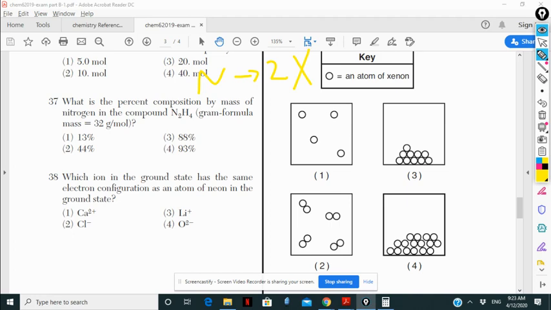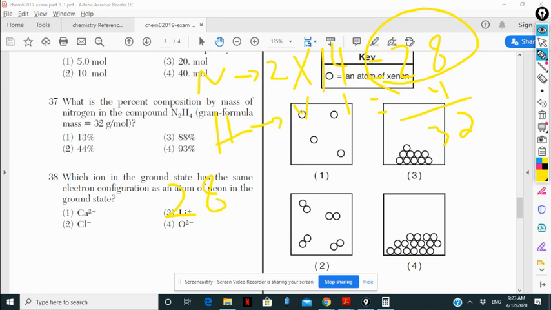The molar mass for nitrogen is 14, so its weight is 28. Hydrogen, I have 4, and the molar mass is 1, so it gives me 4. That's why I have 32. So for the percent composition, I have the nitrogen 28, and the total mass is 32, and I have to multiply by 100.